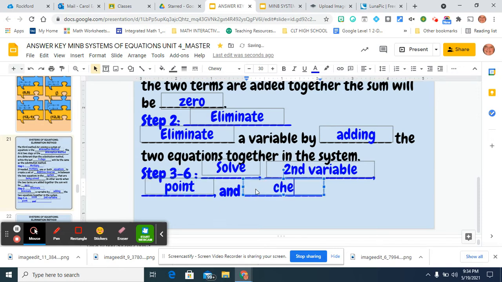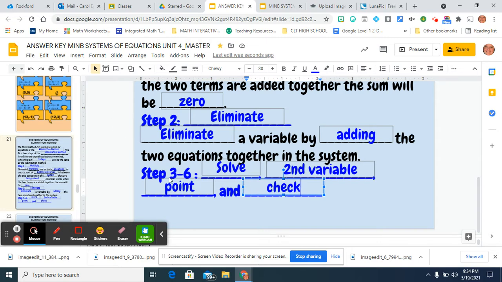And lastly, we need to check our work to make sure that whatever solution we came up with, when we substitute that information back into an original system, it creates a true statement. If we do that and it creates a false statement, then we made an error somewhere and we need to go back and recheck our work.